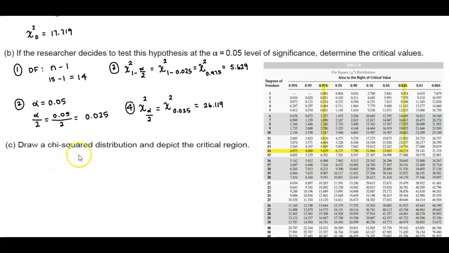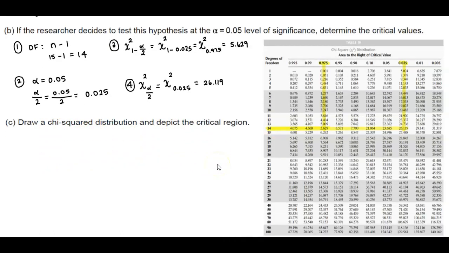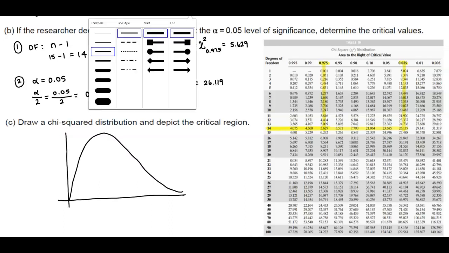Okay, so now we need to draw the chi-square distribution and then depict the critical region. So here we're going to draw our chi-square distribution. Okay, and so what do we know?